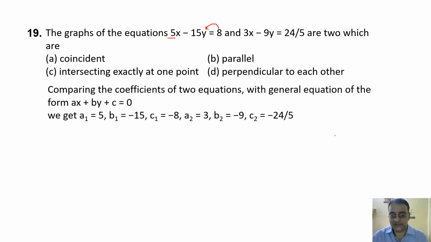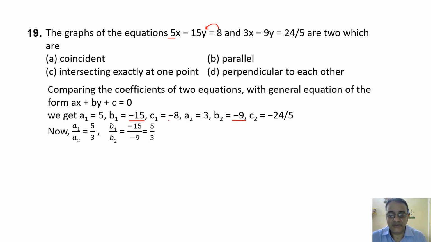Now we are going to find the ratios. First ratio a1 upon a2 is 5 upon 3. b1 upon b2 is 15 upon 9, which is also 5 upon 3 if we divide by 3.